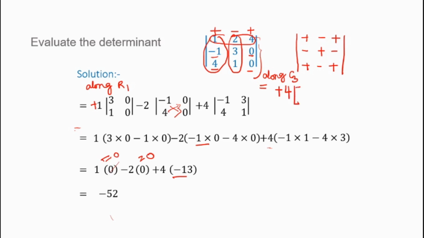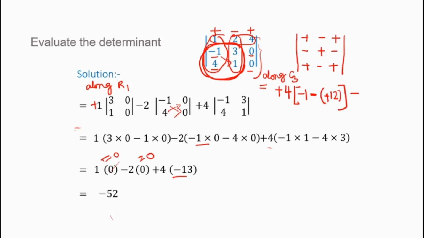So 4 into the determinant, where 4 lies in the first row and the third column, leaving the elements of the first row and the third column. These are the elements: minus 1 3, 4 1. Multiplying, minus 1 into 1 is minus 1, and minus 4 into 3 is minus 12.